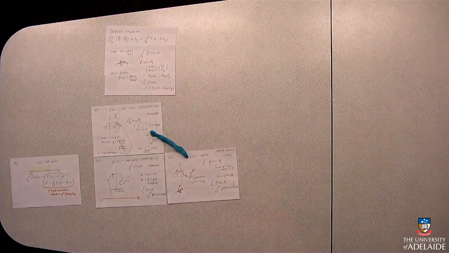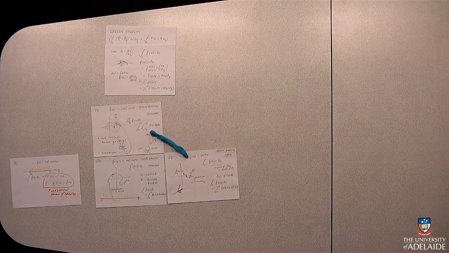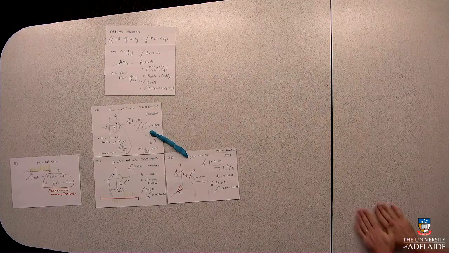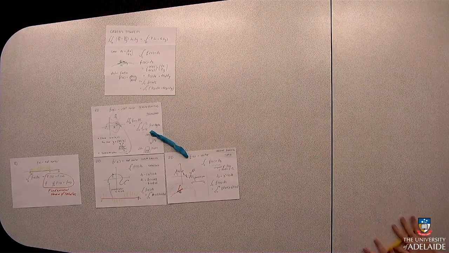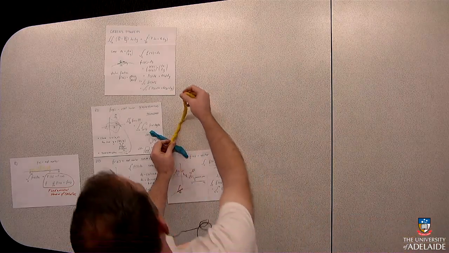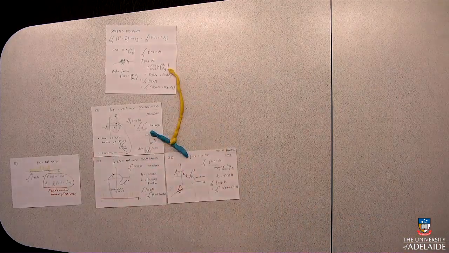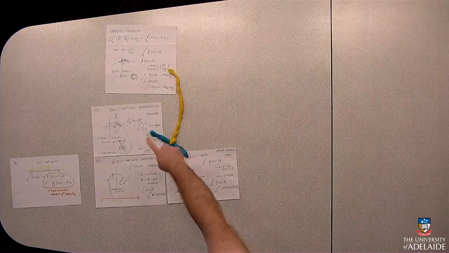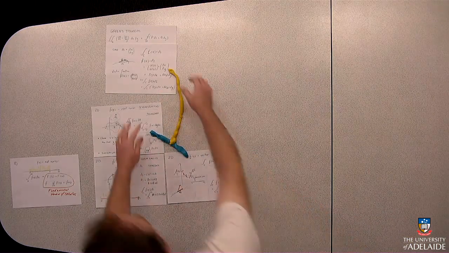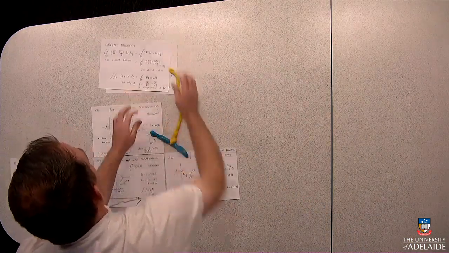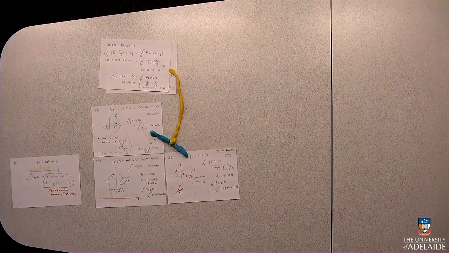Okay. Because I wanted to use the plate at least once, and this is good enough. I may use it again. Right. Okay, this connection is Green's theorem. Right. Beautiful. Doing well.